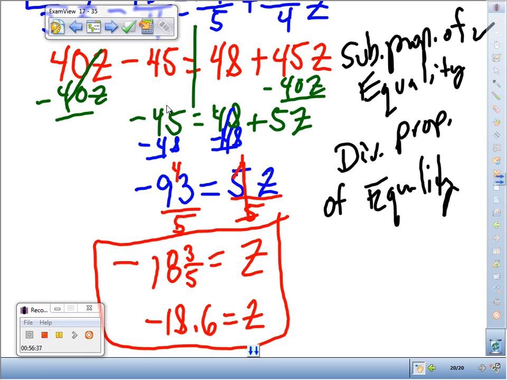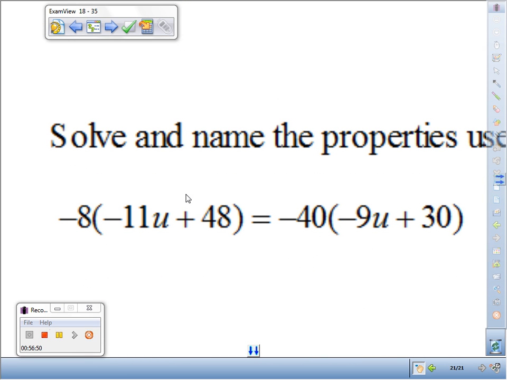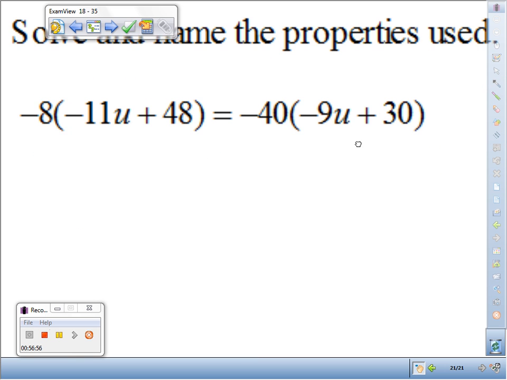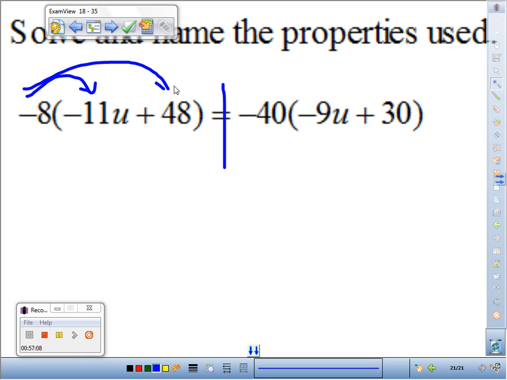Let's go to number 18. Look at this one. Solve, and what else? Name the properties. First of all, let's see. We need to get rid of parentheses, right? So that means we're going to distribute in here. So what is negative 8 times negative 11? That's 88u.